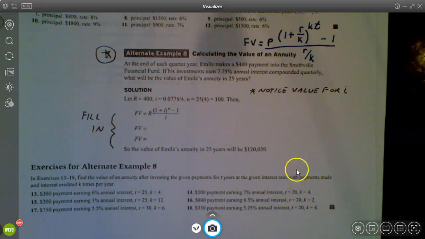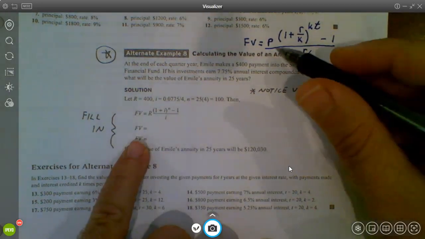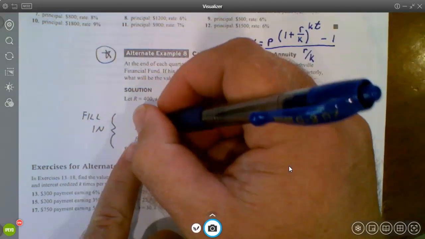But let's throw in some numbers so we can see how this works out. So what is my future value? We're starting with our principal investment, this $400 that we're putting in.